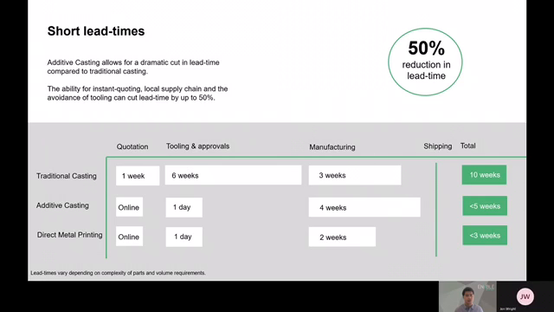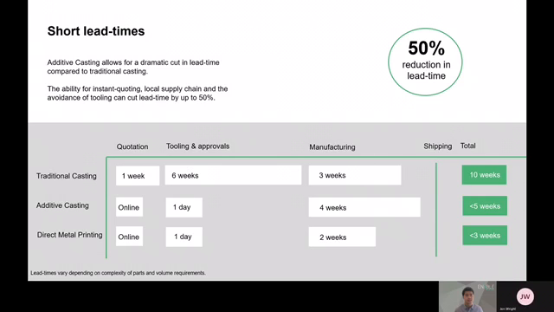By 3D printing the molds and patterns, we can reduce this to days, drastically reducing the time it takes to receive a metal part. Compared to traditional casting, additive casting can see up to a 50% reduction in lead time, simply by eliminating the lengthy tooling process.